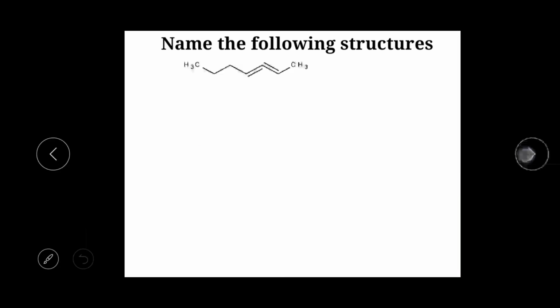For multiple bonds, how are we going to name this structure?